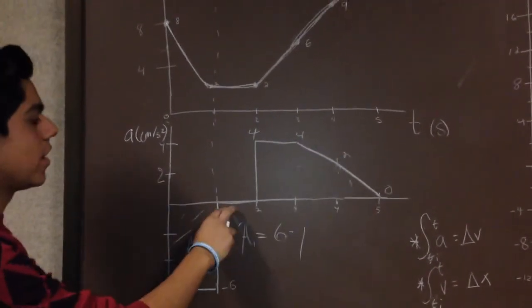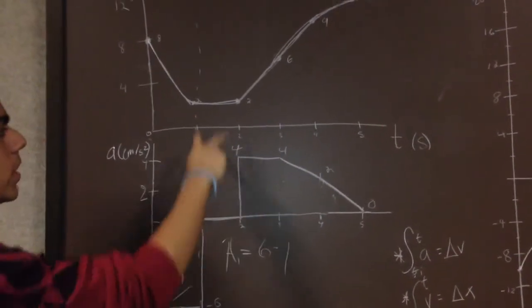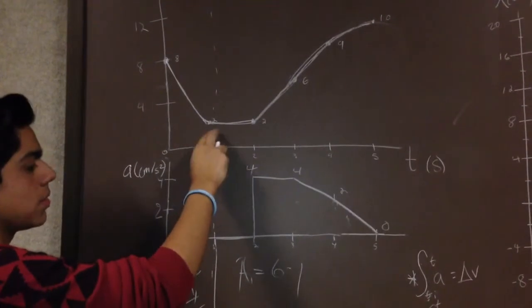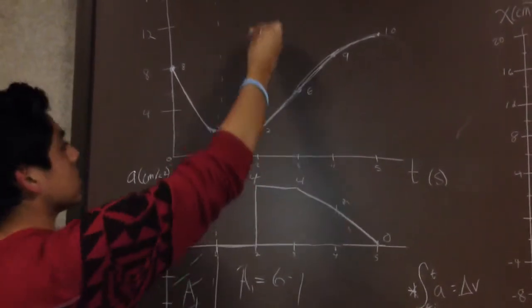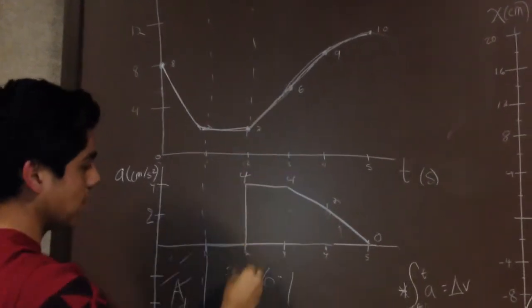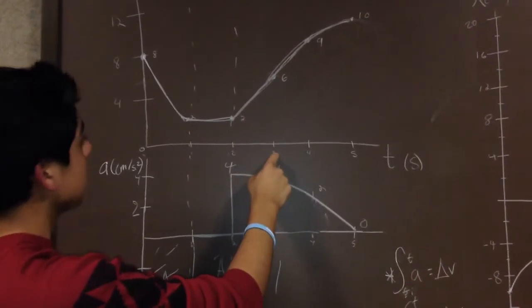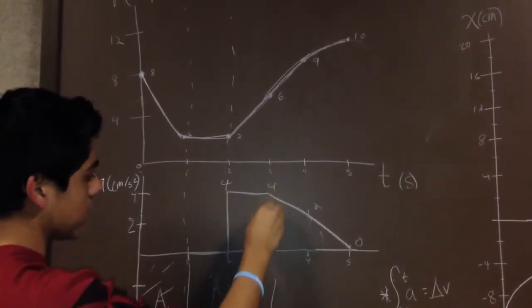So in our first to second second, there is no acceleration, so you're going to have a constant velocity, which is just noted by a straight line. And so we'll just put that nice little line here. And then in our second to third second, you're going to have a nice little rectangle.